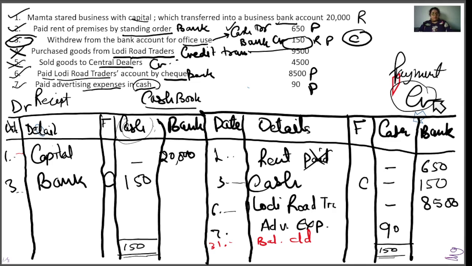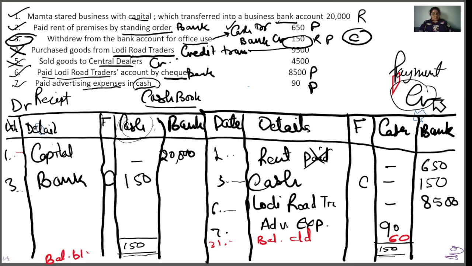So 150 minus 90, that is 60. So 60 I will write here. This carried down will go to the next opposite side as balance brought down 60, next to the total of cash column. And the date will be 1st, 2nd or whatever the next month first day.